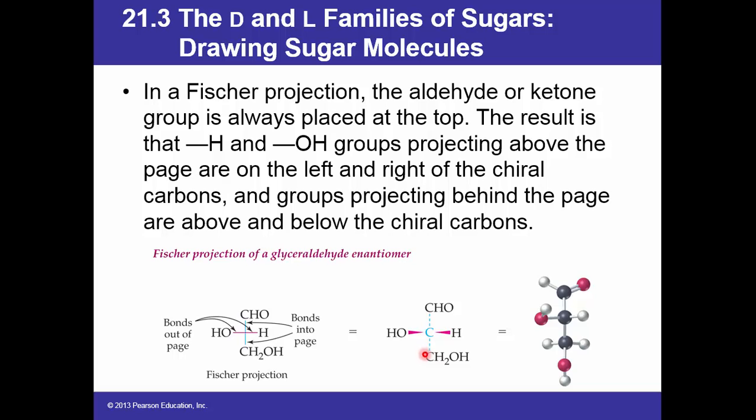So the result is that the H and OH groups on the left and right of the chiral carbon project above the page toward you, and the groups above and below the chiral carbon project behind the page.